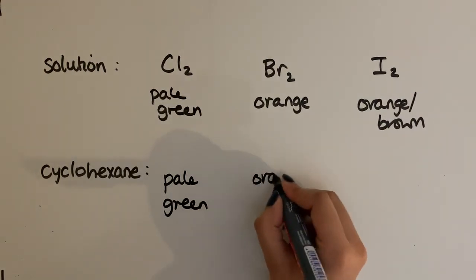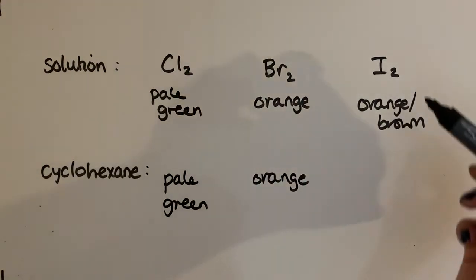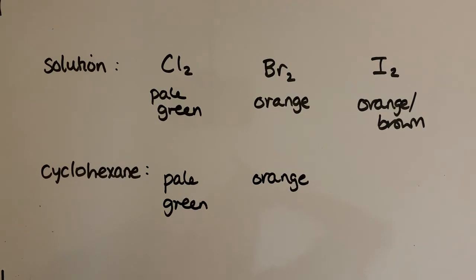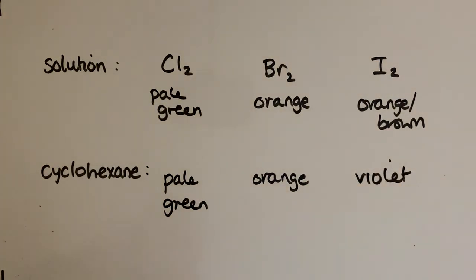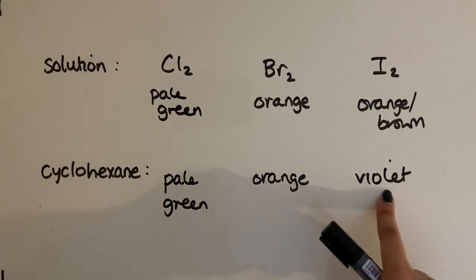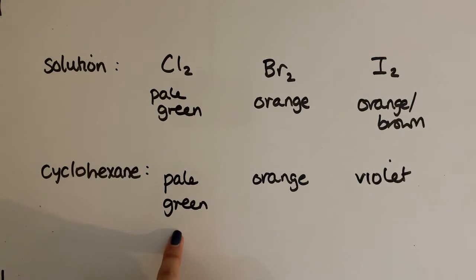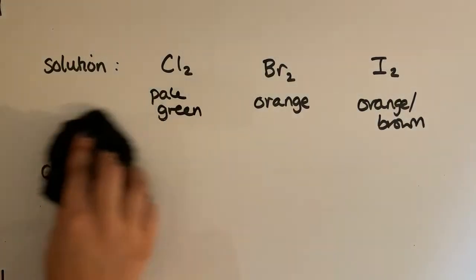Bromine, we see orange, but iodine now in cyclohexane is going to be a very strong violet colour. So when we add cyclohexane, we can now clearly distinguish between these three, because iodine's violet, bromine's orange, and chlorine is pale green.